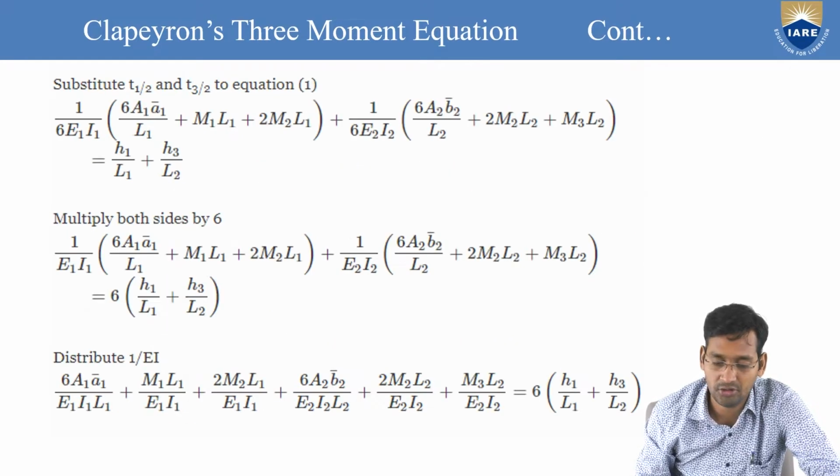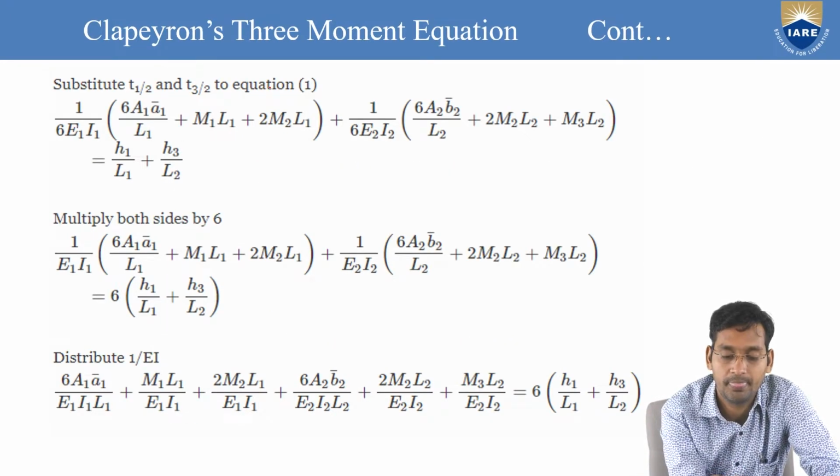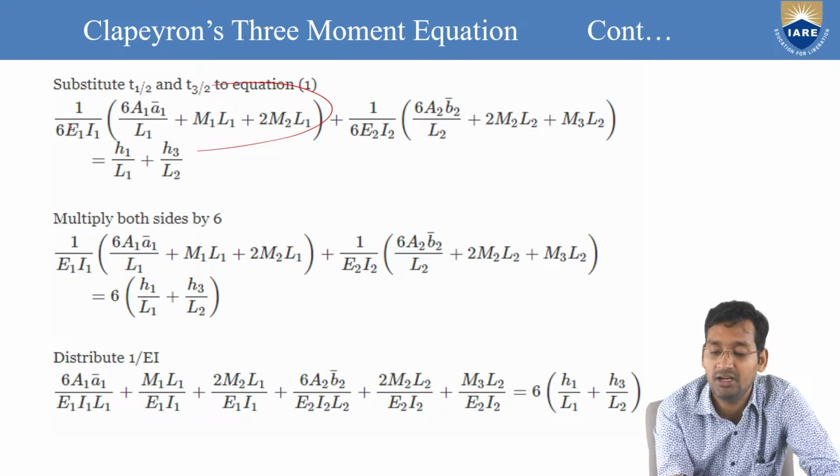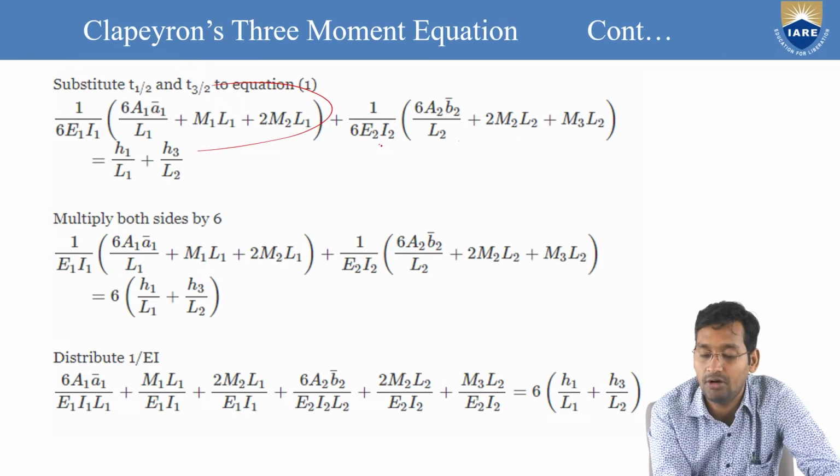So this we got the first part, right, after substituting. Similarly, if we substitute, then what? For the T3 to 2 value divided by L2, we will get this one.